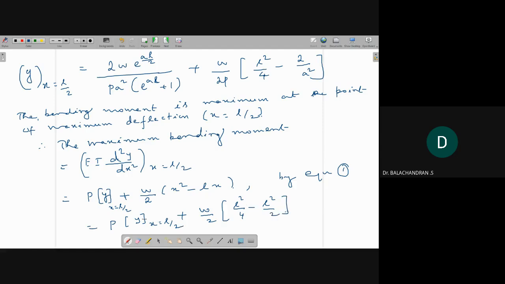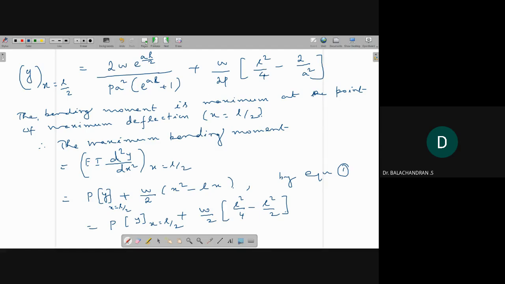So now y at x equal to L by 2. You should multiply everything by p. So here also you have p, here also you have p. So p gets cancelled. So remaining, you should write these two terms without this p.